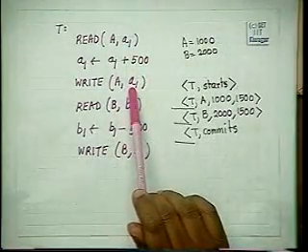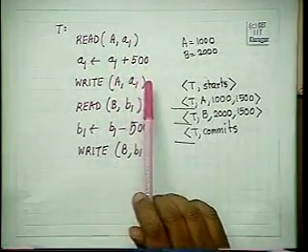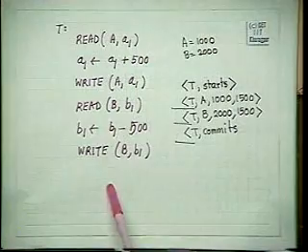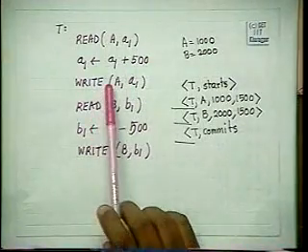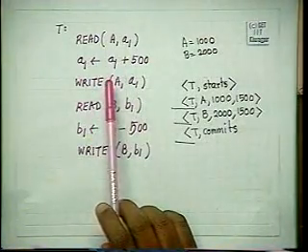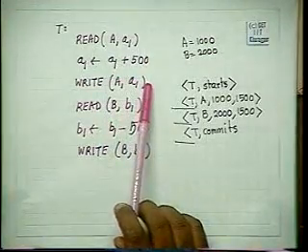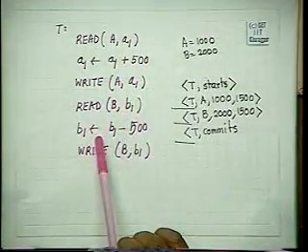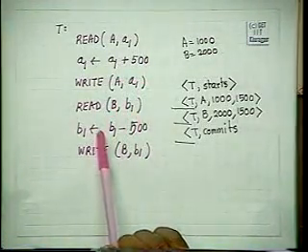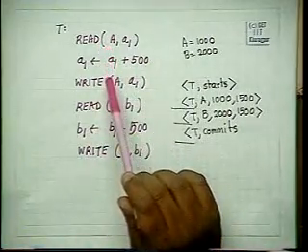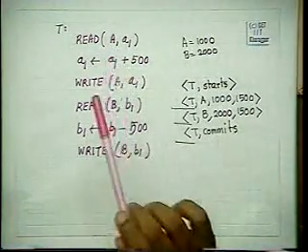There is no sense in having a transaction in which you have the read after the write, because you already know the value which you are going to write. So there is no use of reading that data again. Therefore, the read will be followed by the write. The read will always precede the write.